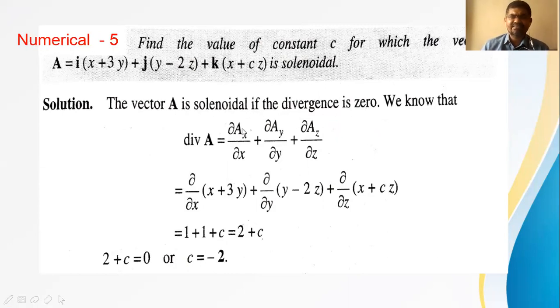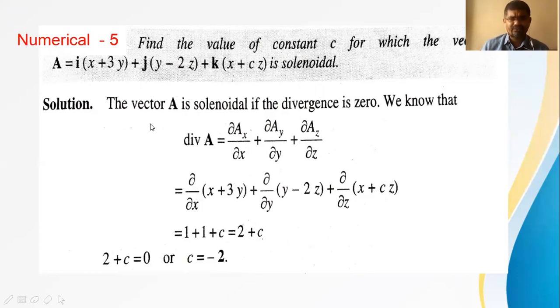Divergence of A equals del bar dot A bar, that is ∂Ax/∂x plus ∂Ay/∂y plus ∂Az/∂z. Therefore, here I am taking the components: ∂/∂x of (x + 3y) plus ∂/∂y of (y − 2z) plus ∂/∂z of (x + cz). This should be equal to 0.